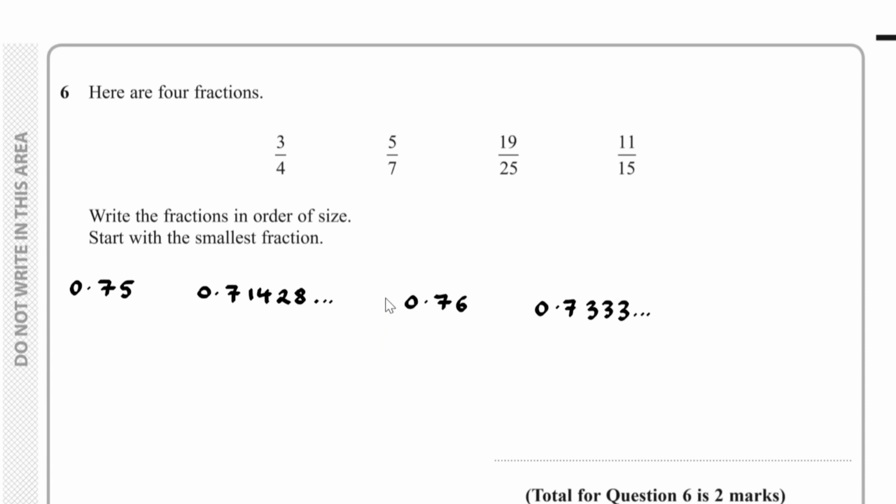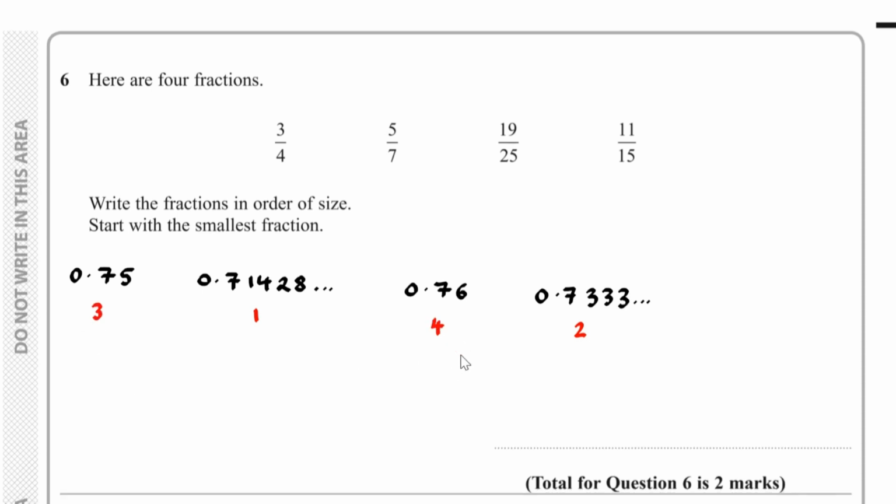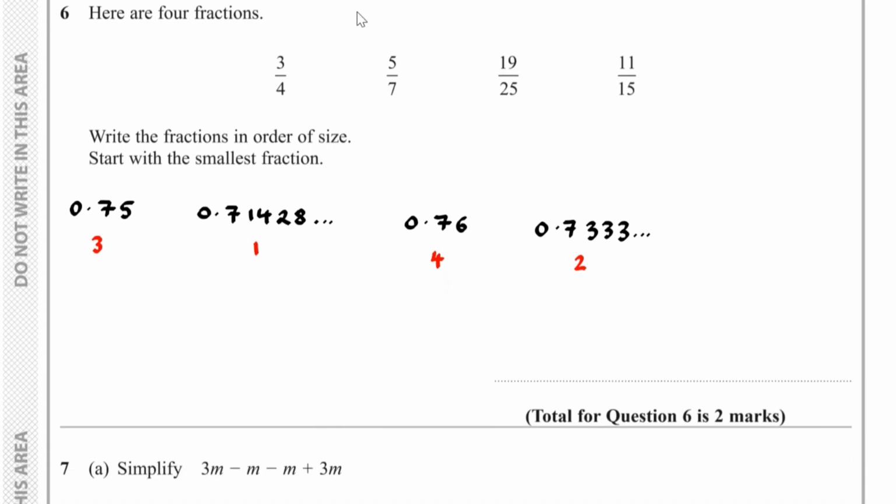So now we need to write this in order. Well, the smallest one will be the 0.71428, etc., followed by the 0.73, etc., followed by the 0.75, followed by the 0.76.